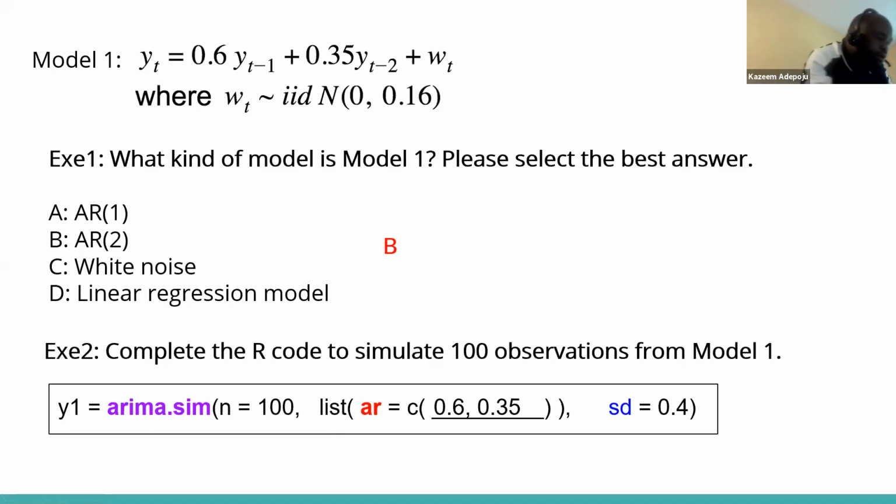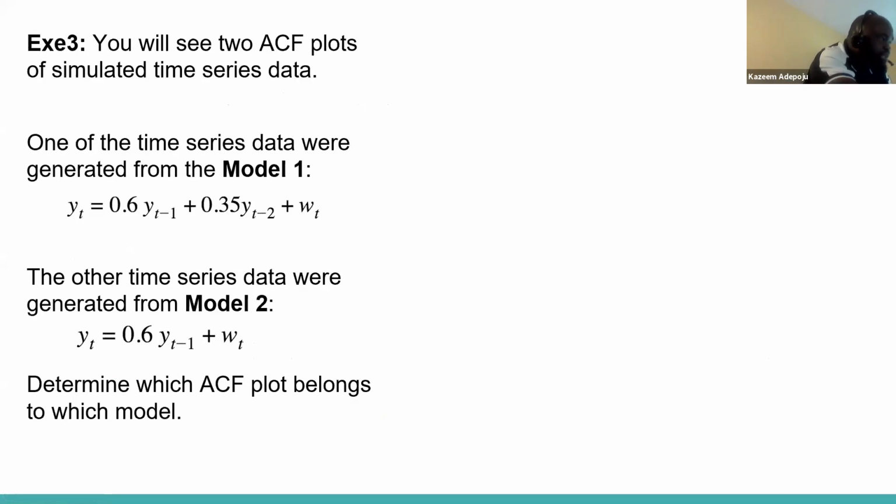If you understand the code, the next thing we want to do is go into another exercise. This time, when you have two different models, this is model one and this is another model.